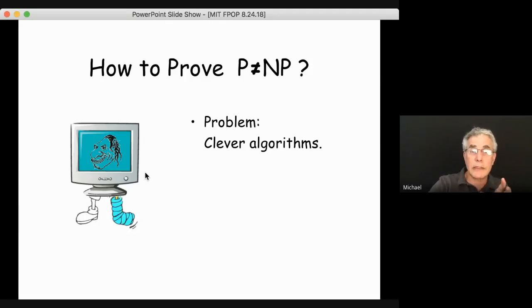Suppose you limit the computer's capabilities by handicapping it. So now the computer can't function with as rich a set of possible algorithms as it might before. So you limit the class of algorithms.